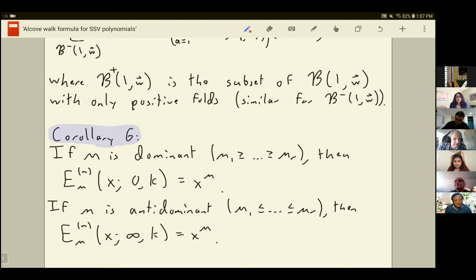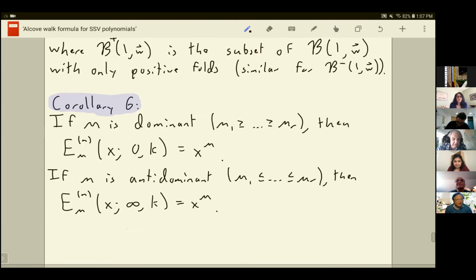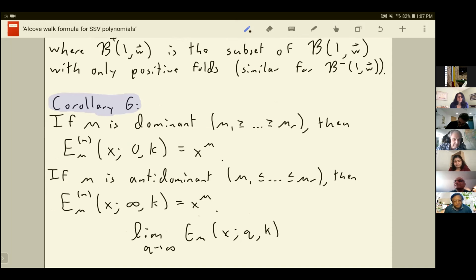Oh, so what I should have written is that's where the q goes. It's the limit as q goes to infinity of E_mu of x, q, k. So I'm taking that q parameter and sending it to infinity, or in the other formula 0. So it approaches some finite object? Yeah. The dependence on q is sort of balanced out.